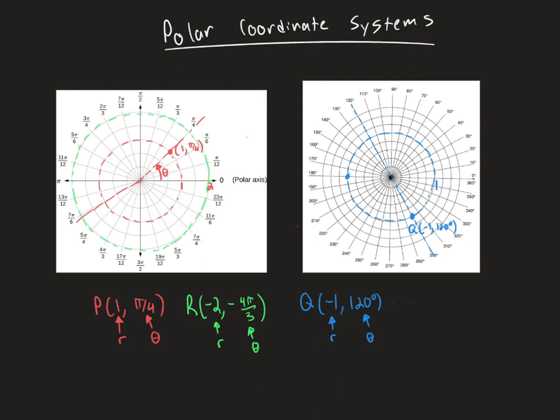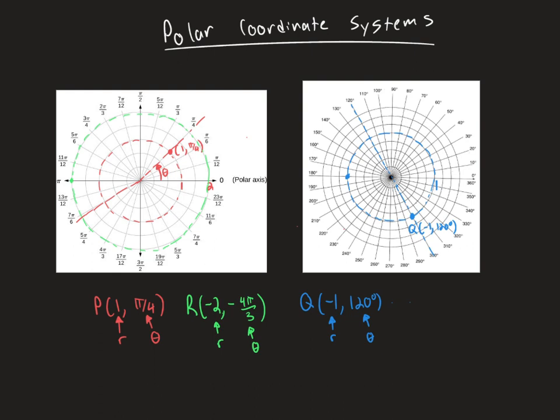Then we go negative 4 pi over 3. Negative and positive angles are just like normal, where positive means counterclockwise and negative means clockwise. So we're here and we go clockwise 4 pi over 3.